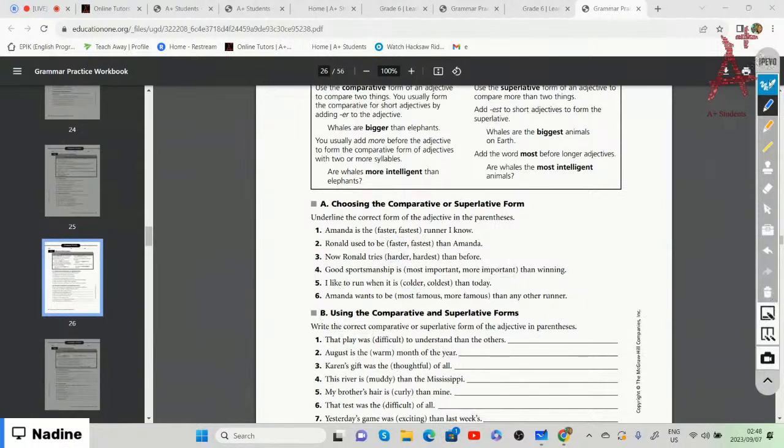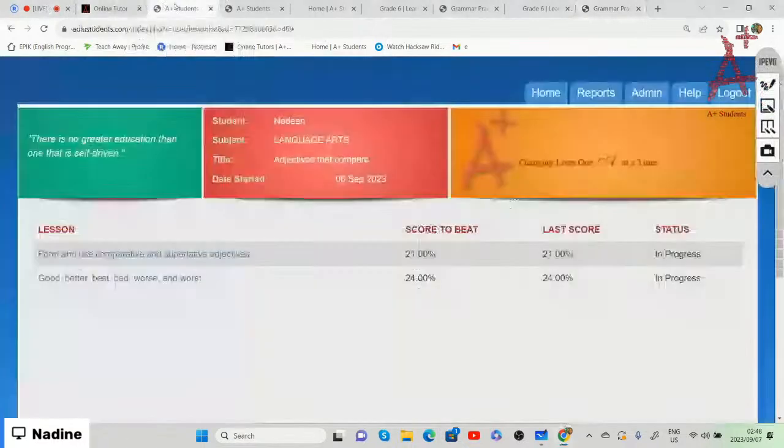All right. So this is now the end of our lesson on adjectives that compare. And we said with adjectives that compare, we have comparative adjectives and we have superlative adjectives. And comparative adjectives compare two people, places, or things, and it ends in ER unless the adjective is two or more syllables, and then we put more in front of that adjective.